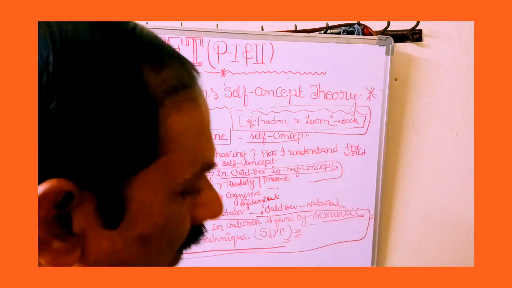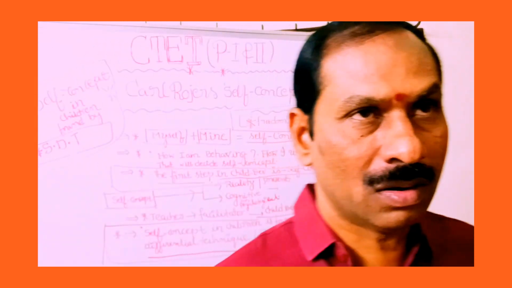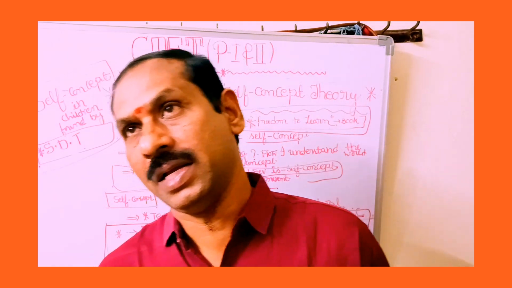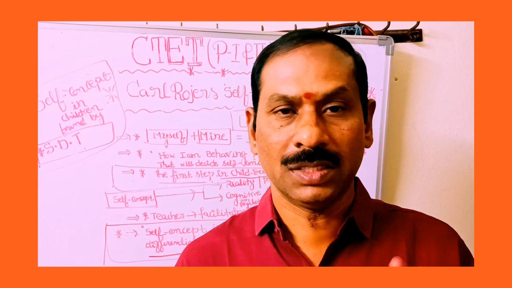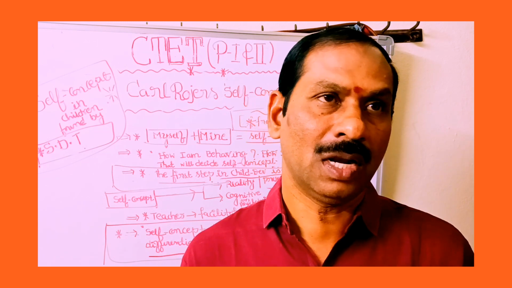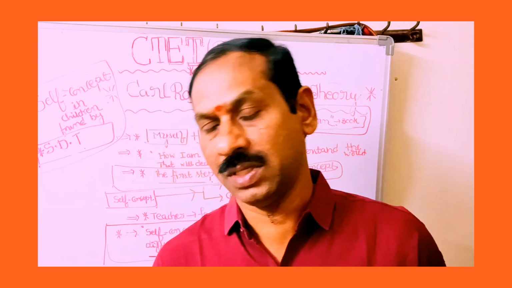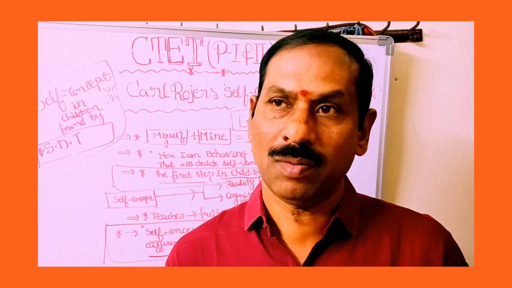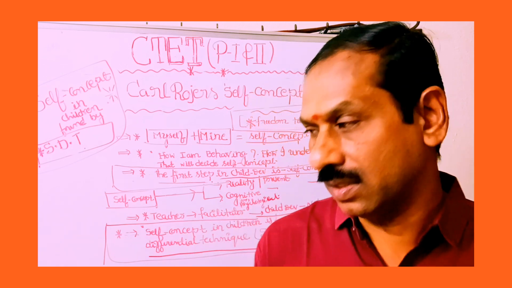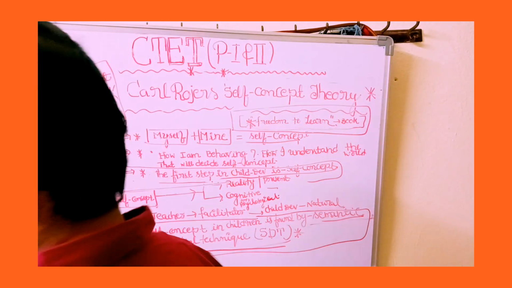According to him, reality or present state, and psychological or cognitive, are the two types involved in self-concept. And he also stresses that the teacher is only a facilitator. The child has a natural ability to grow. So development is a natural process. In natural settings, development occurs among children. The teacher is only a facilitator. So those are the important aspects involved in Carl Rogers.